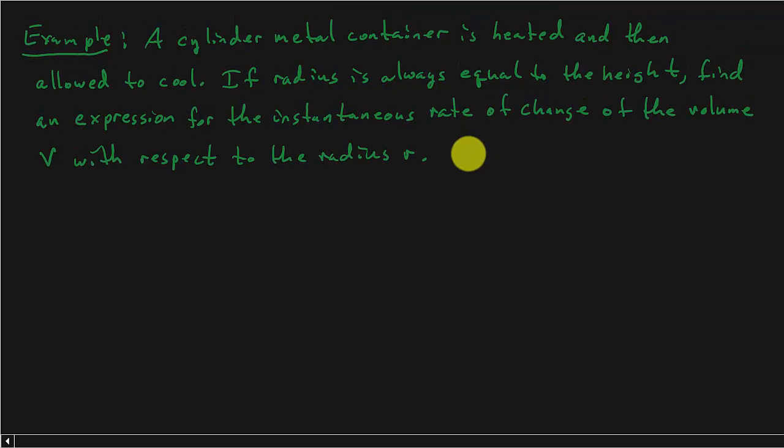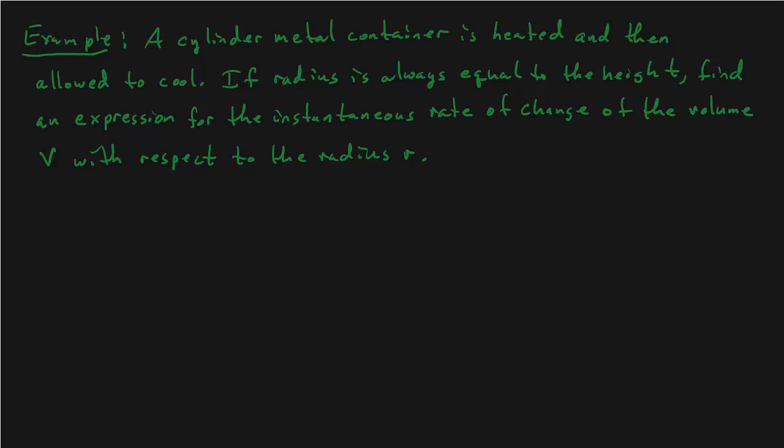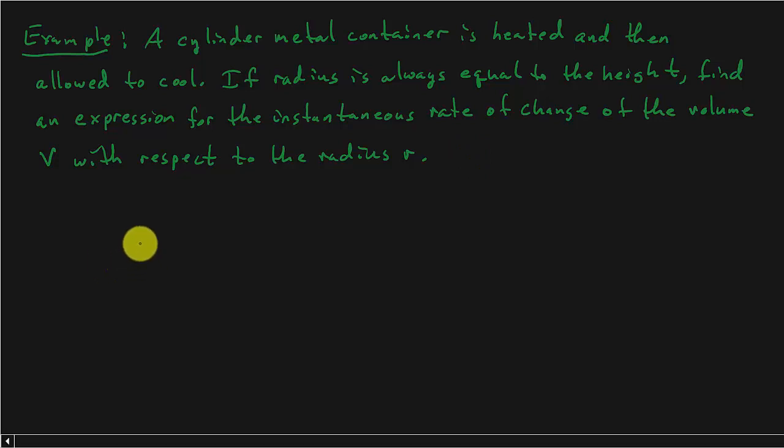It says a cylindrical metal container is heated and then allowed to cool. If the radius is always equal to the height, find an expression for the instantaneous rate of change of the volume with respect to the radius r. Okay, so let's draw a picture.